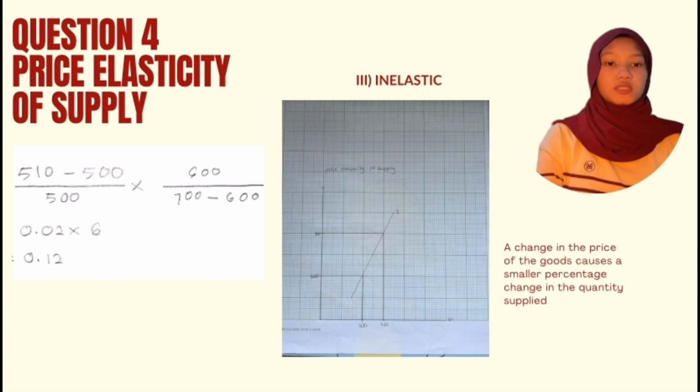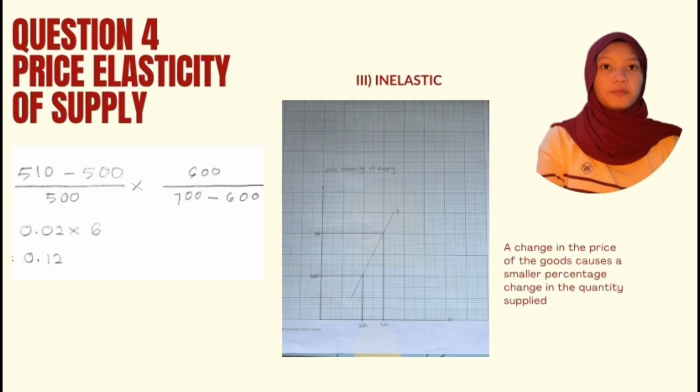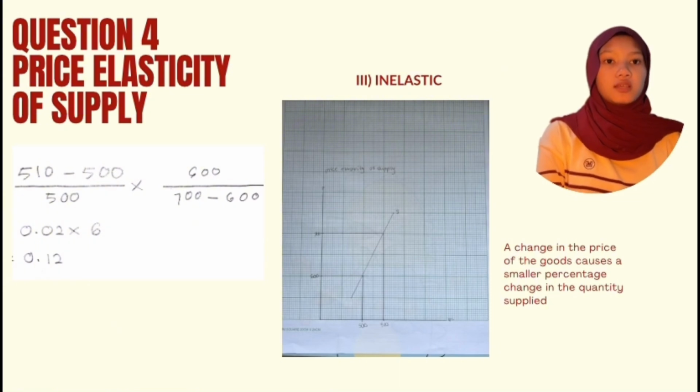The graph shows a steep supply curve, meaning even though the price increases, the quantity supplied only changes a little. This can happen for products that take time to produce, like agricultural goods or manufactured items that need special equipment. So when the elasticity is less than 1, the supply is inelastic. Producers cannot easily adjust their output in response to price change.